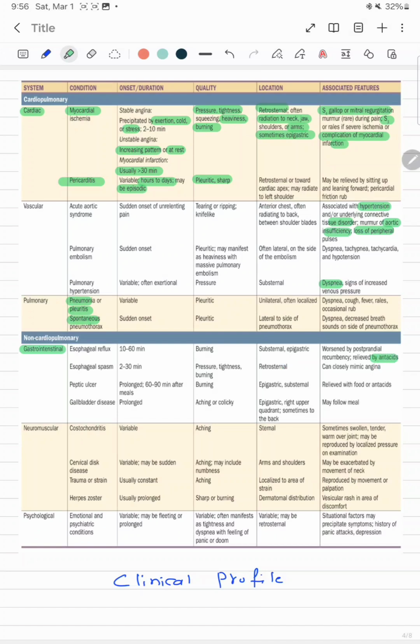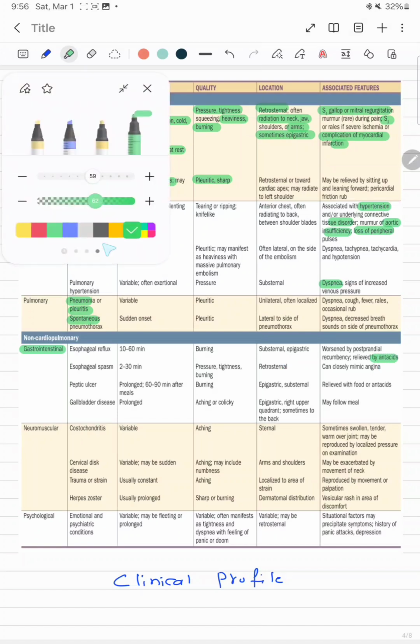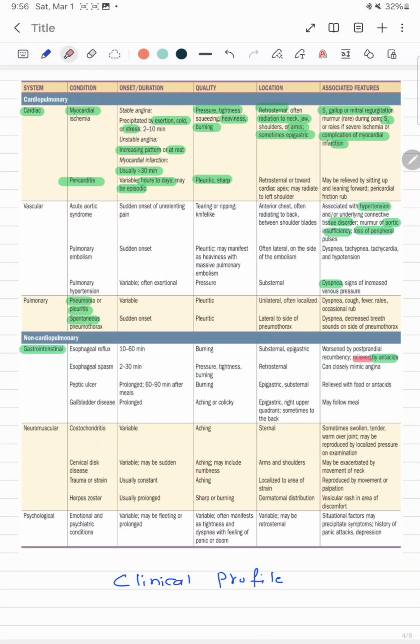Relief by antacids is important, but one thing you should remember is that esophageal spasm can closely mimic angina. It characteristically has acute onset, 2 to 30 minutes duration, pressure and tightness type, and retrosternal location, closely mimicking angina.